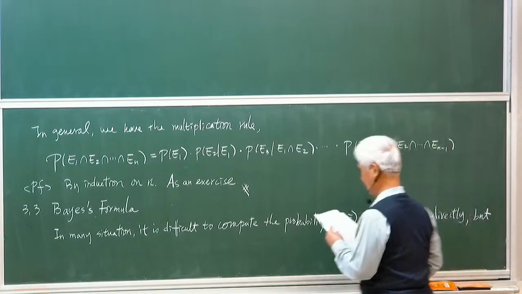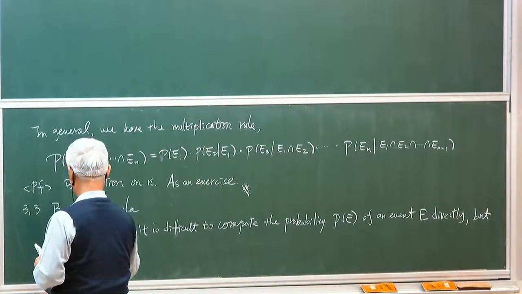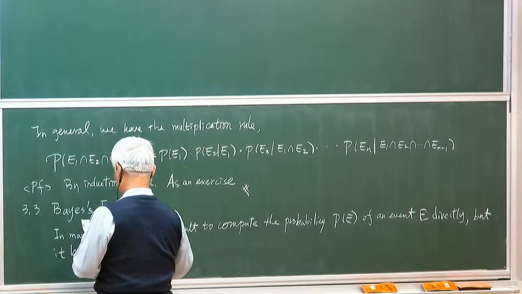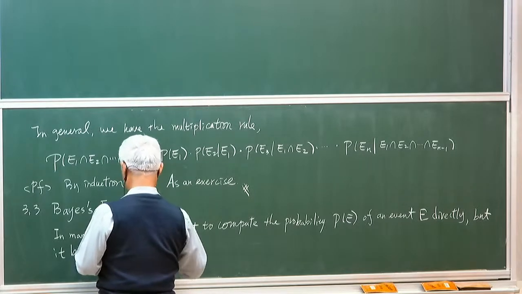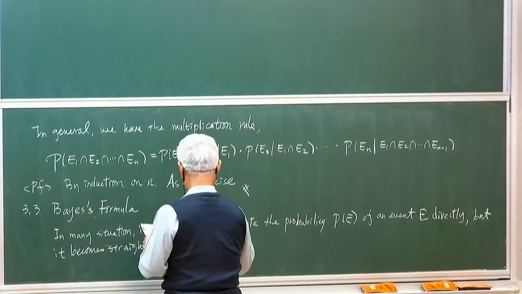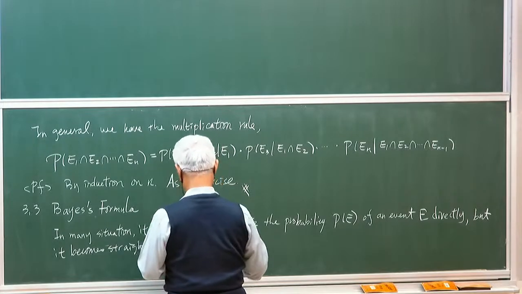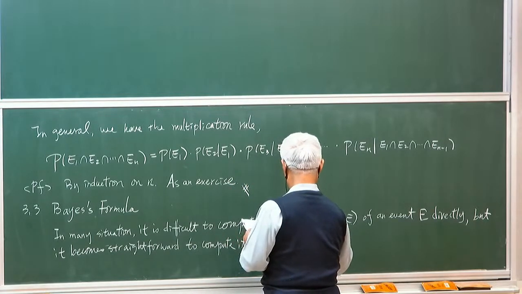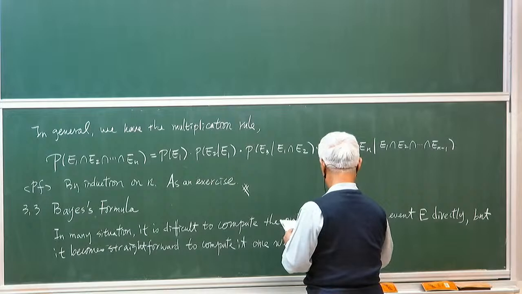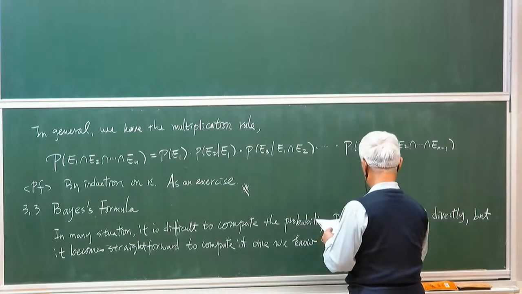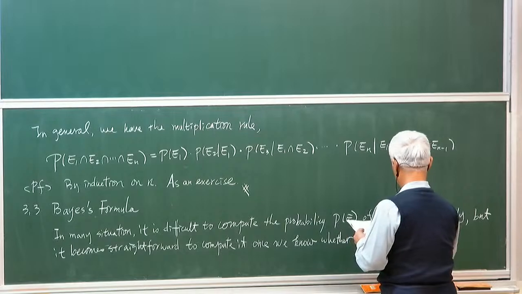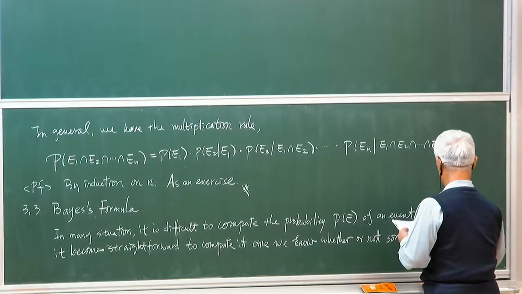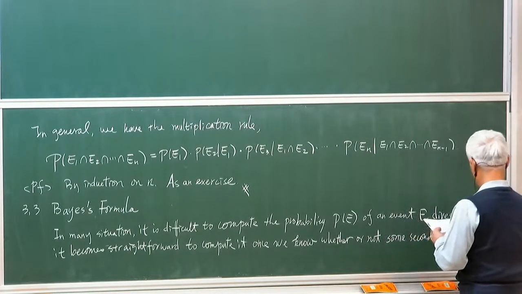But it becomes straightforward to compute it once we know whether or not some second event, which we call F, has occurred.